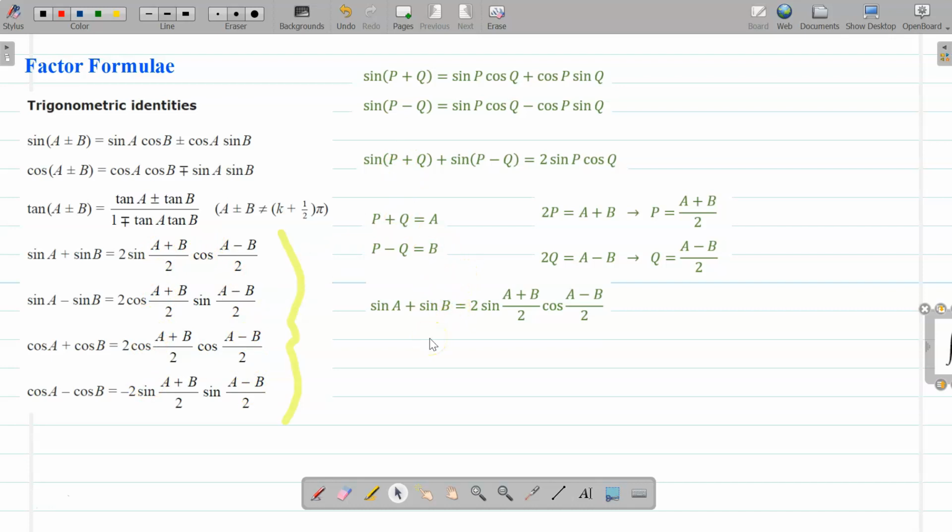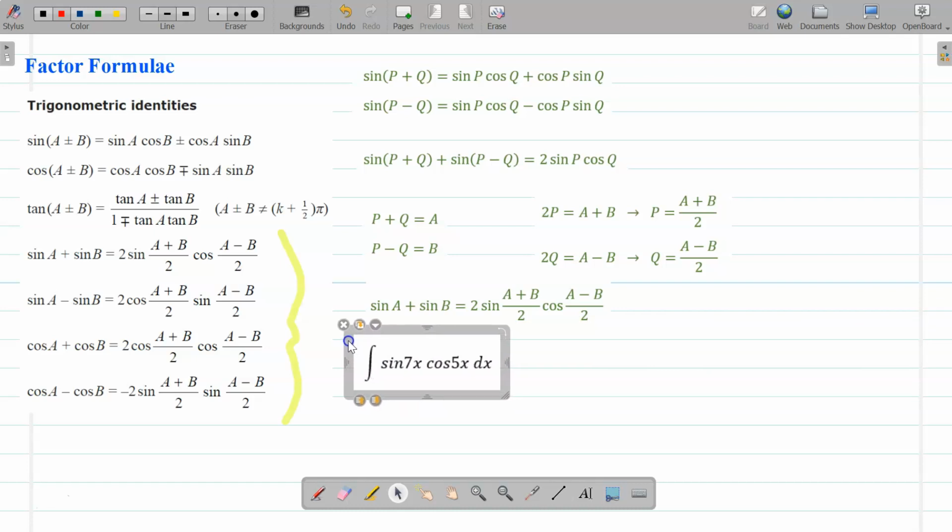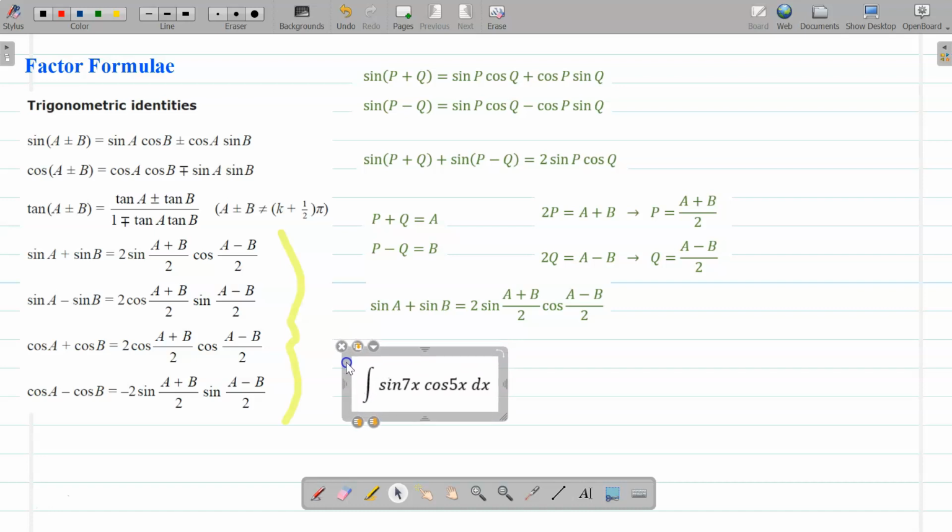So this is really useful when you come to do an integration of the product of trig functions. For example, let's take this one here. You've got to integrate the sine of 7x multiplied by the cosine of 5x. Now you might think, well, I need to use the integration by parts method, which you can do, but it would take you some time.